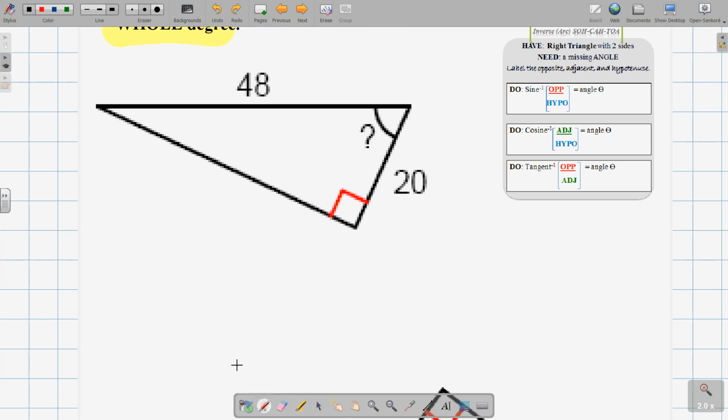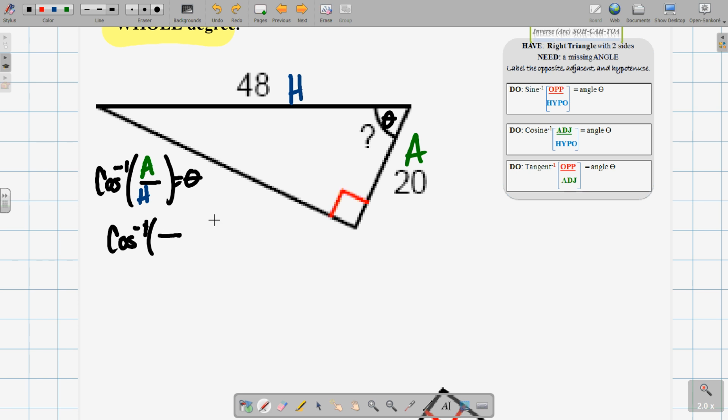Welcome back. Let's see how you did. In this, we have our adjacent and our hypo. So I'm using inverse cosine. Adjacent over hypo is going to give us our angle theta right there. So inverse cosine, adjacent, which is 20, over our hypo, which is 48.